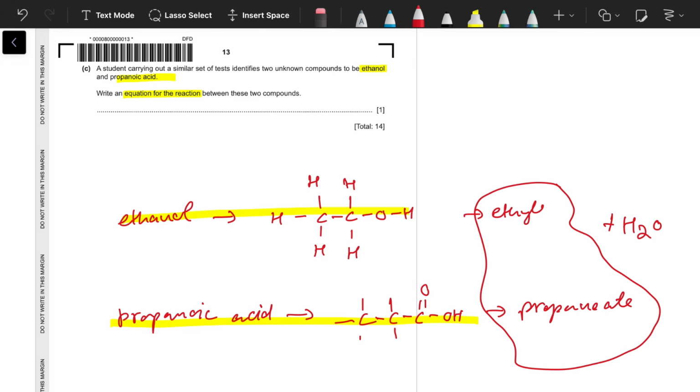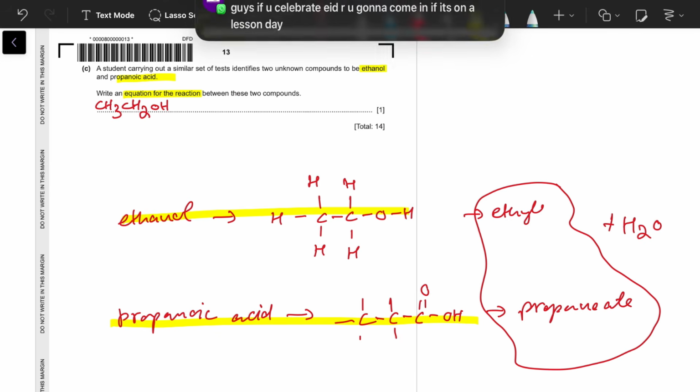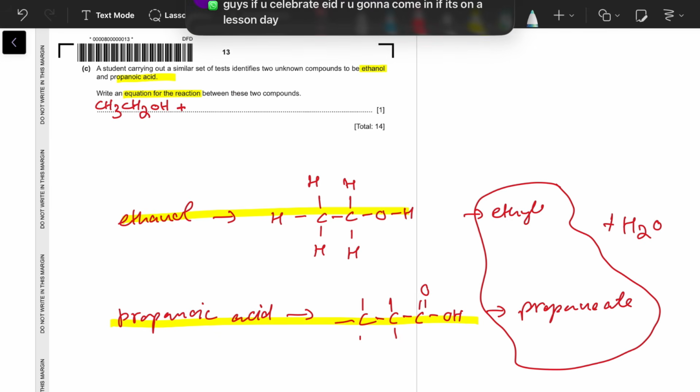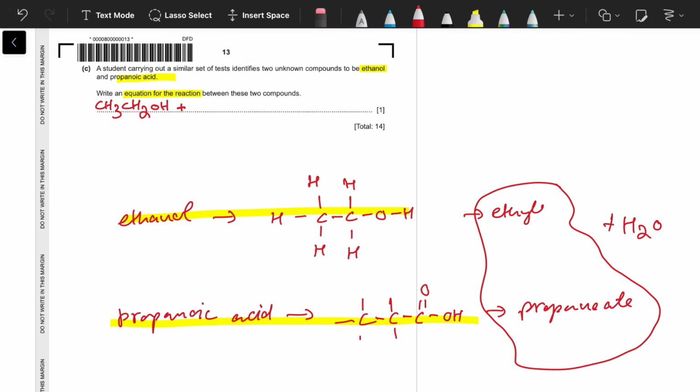So we have our ethanol, CH3CH2OH, plus our propanoic acid, CH3CH2COOH, to give our ester, which would look like this.